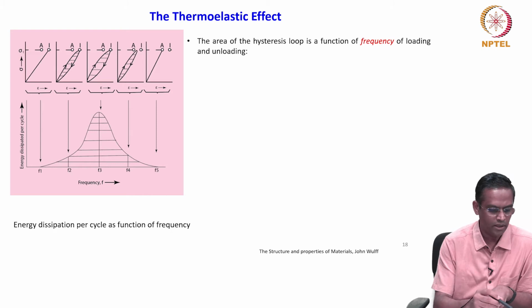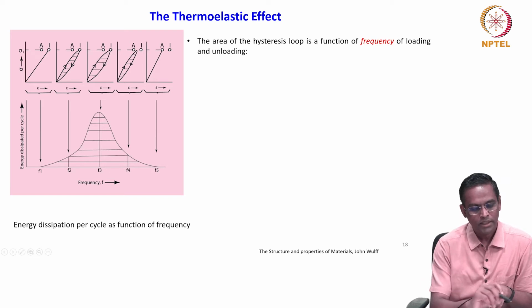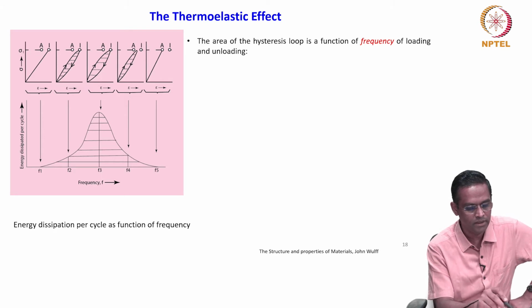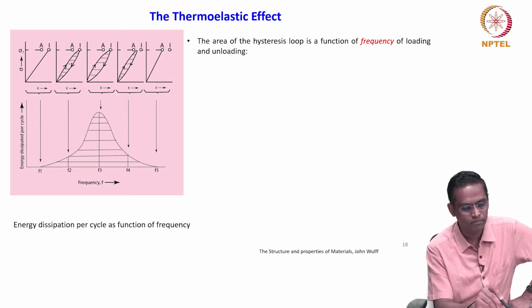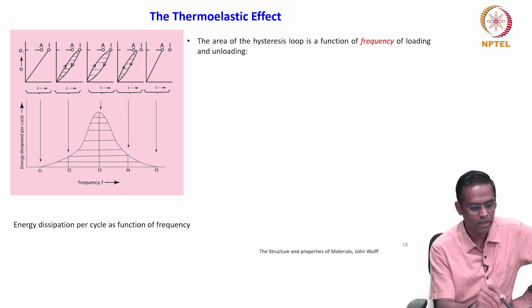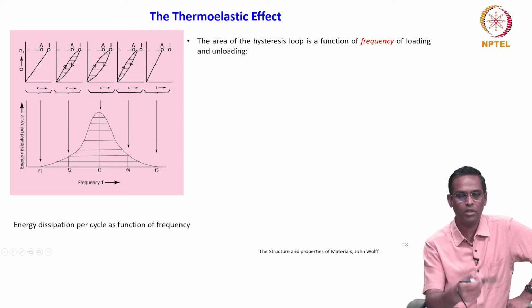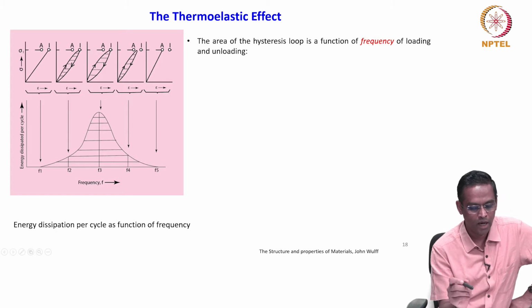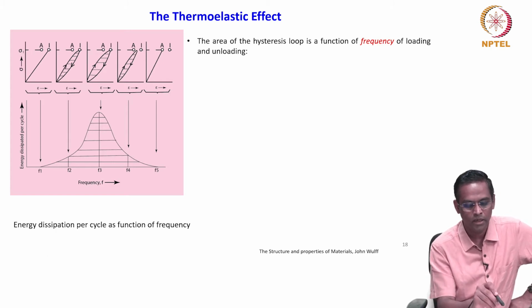This is energy dissipated per cycle versus different frequencies, and you can see that these small graphs show the different positions of the first diagram. You can go back and relate the A and I positions, and how the frequency is different at different positions.